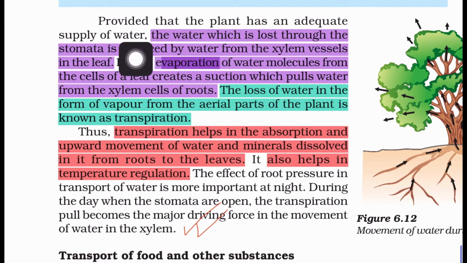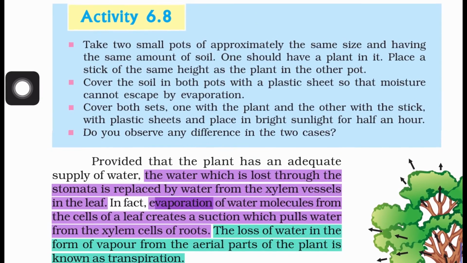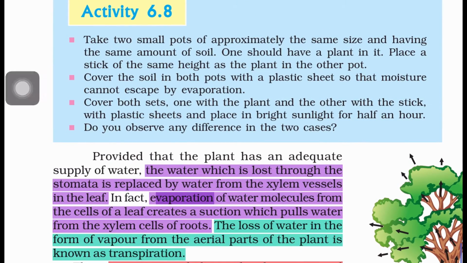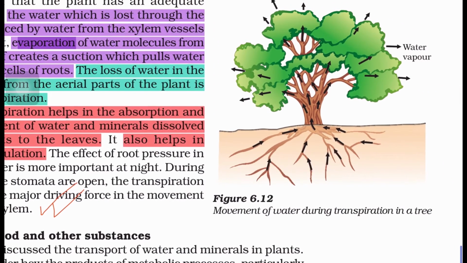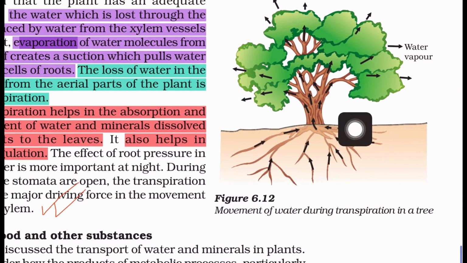Provided that the plant has an adequate supply of water, the water which is lost through the stomata is replaced by water from the xylem vessels in the leaves. Actually, there is an activity here, but I am skipping it. You can understand by seeing this picture, figure 6.12, movement of water during transpiration in a tree. What is transpiration?